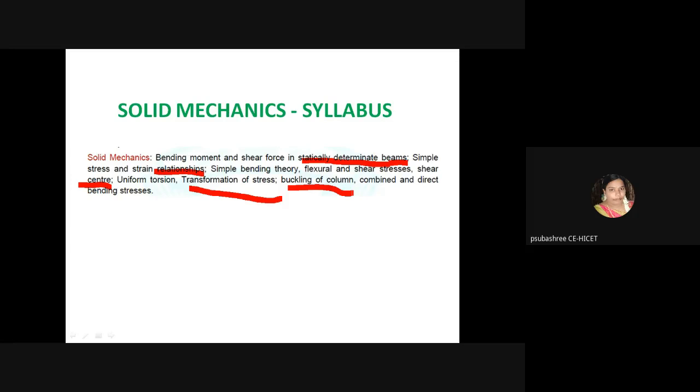These are the basic chapters. The main applications are torsion, uniform torsion, spring, circular shaft and hollow shaft, which are applications of torsion. Then buckling of column, then combined direct and bending stress. So that's all.